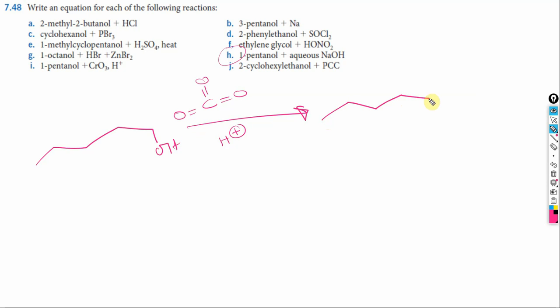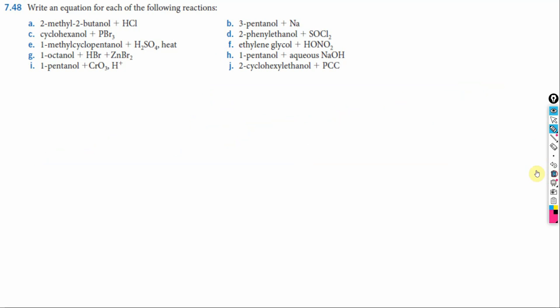That is going to give you first an aldehyde, and that aldehyde will be further oxidized, because as I told you in the classroom, you're not going to use a limited amount, you're going to use an excess of the chromium trioxide acid mixture. That means the aldehyde will be further oxidized to give you a carboxylic acid. So that's the product of this reaction.